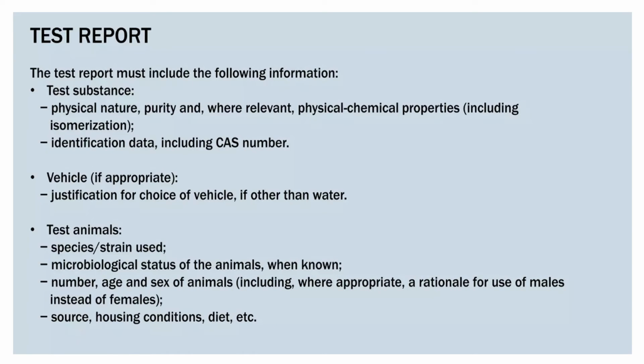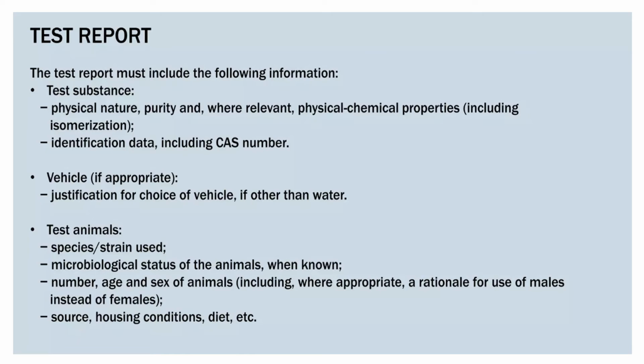The test report must include the following criteria: the test substance, what the substance's physical nature is, purity, relevant physical-chemical property, identification including CAS number and vehicle, and justification of the choice of the vehicle if other than water.